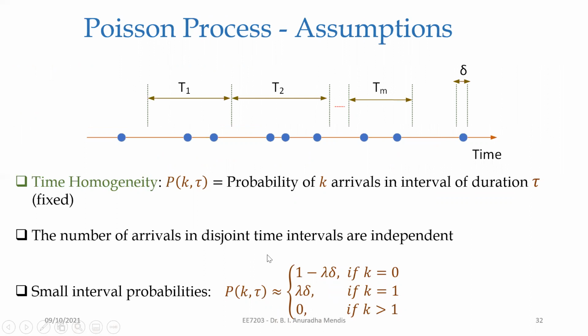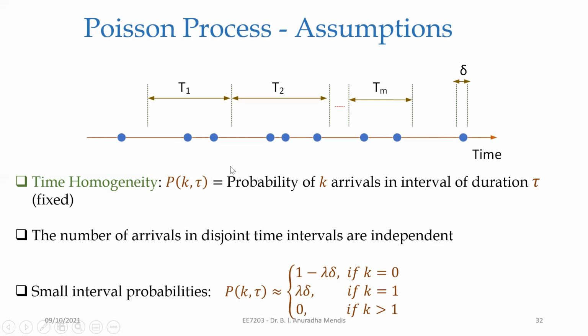Now look at this diagram. Now I am going to find the parameter P_k(tau). That means the probability of k arrivals in an interval of duration tau.